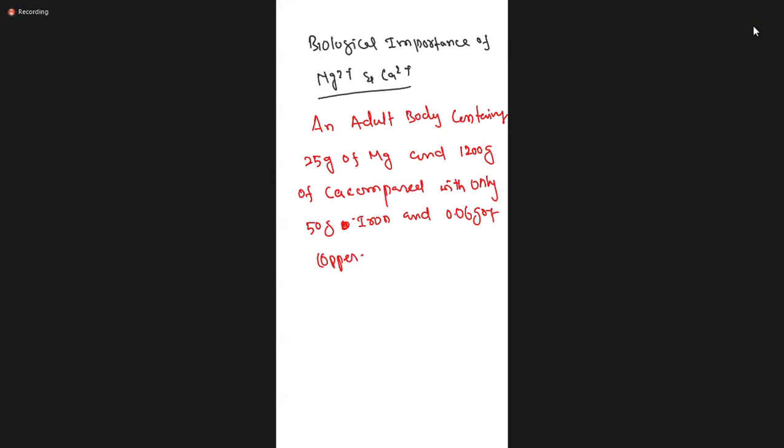This is the adult body containing 25 grams of magnesium, 1200 grams of calcium, compared with only 50 grams iron and 0.06 grams of copper.